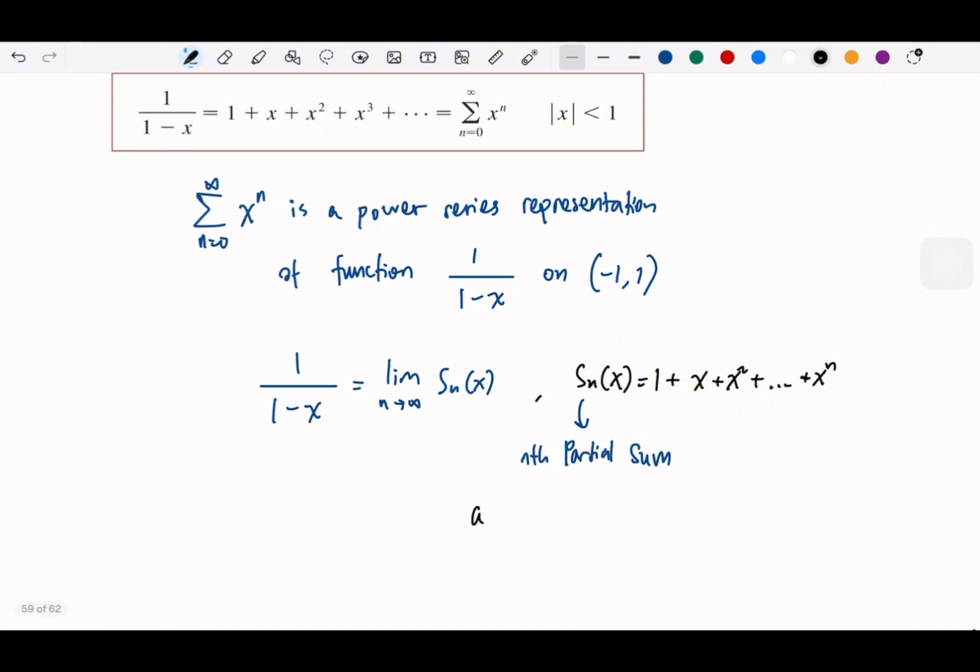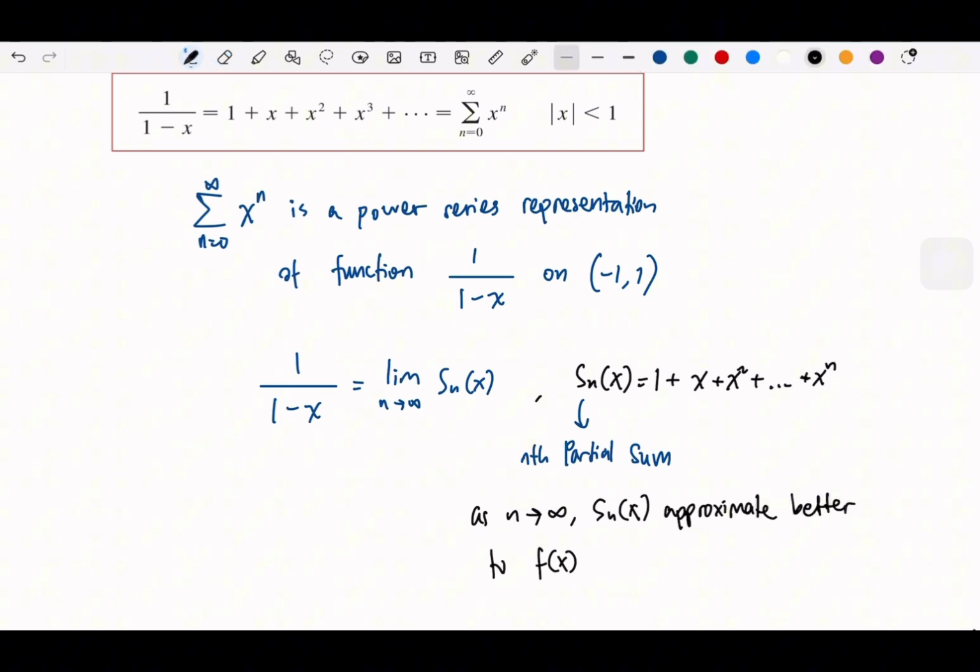Normally, as n increases, Sn becomes a better approximation of the function for x between -1 and 1.